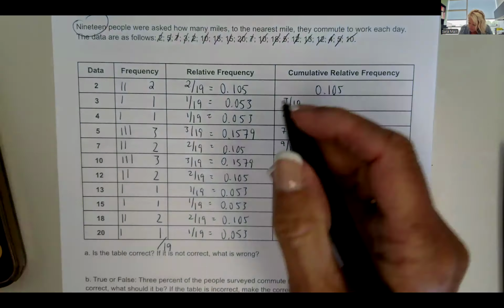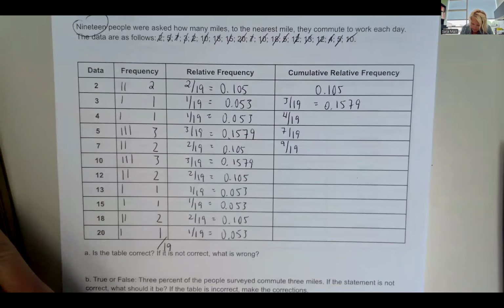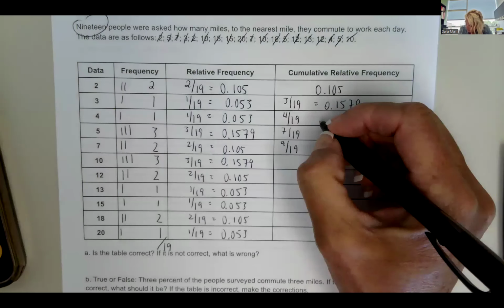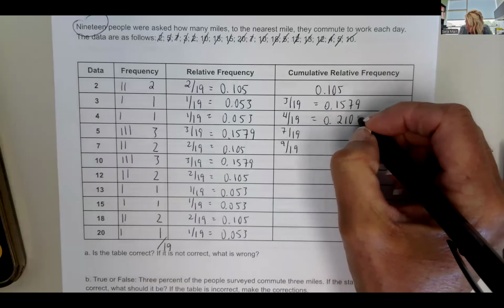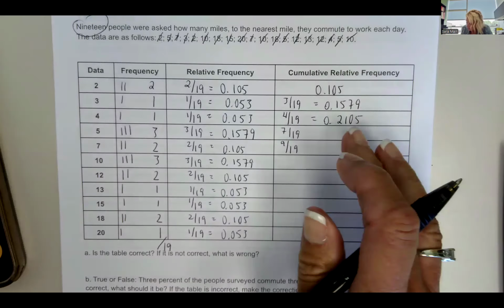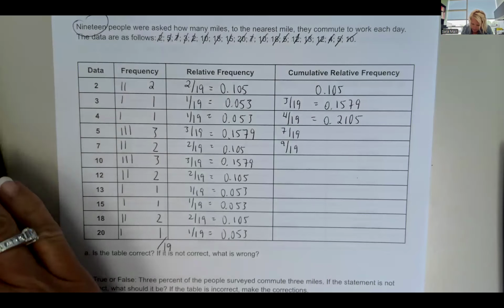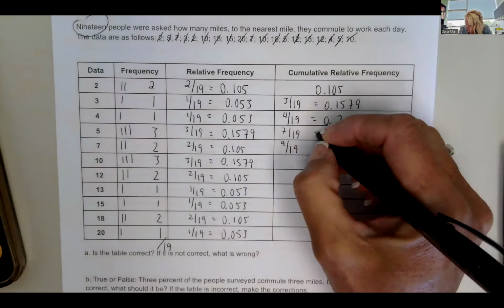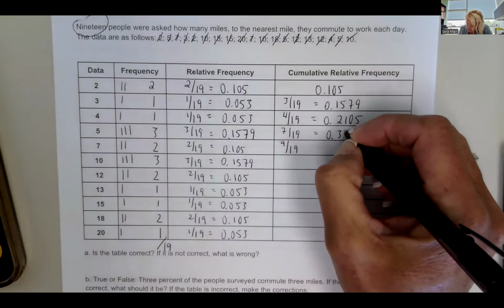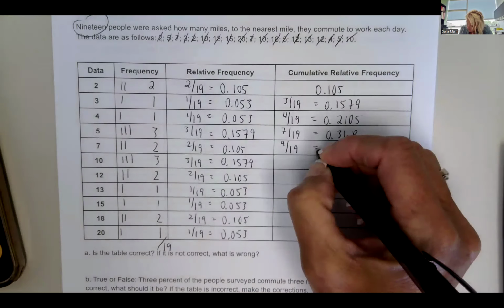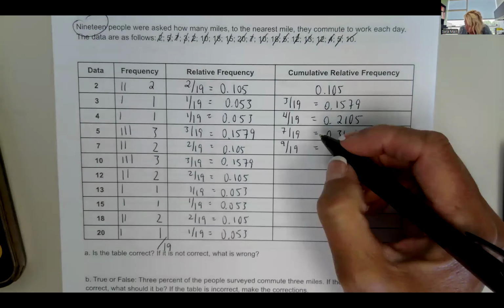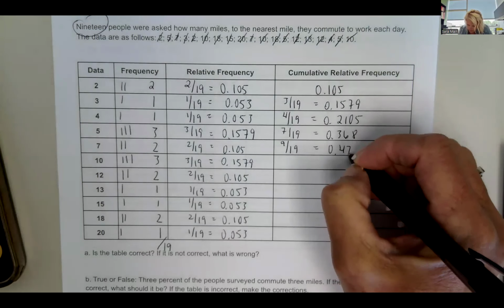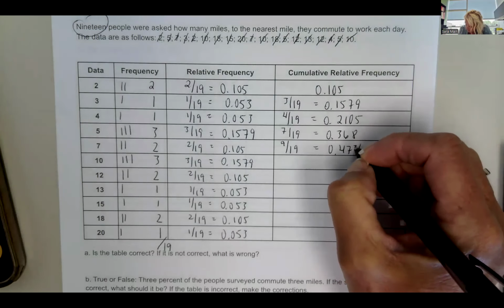So this one is 0.1579, and then 0.2105. I went to 4 decimal places, I don't need to. 0.368. 0.474.